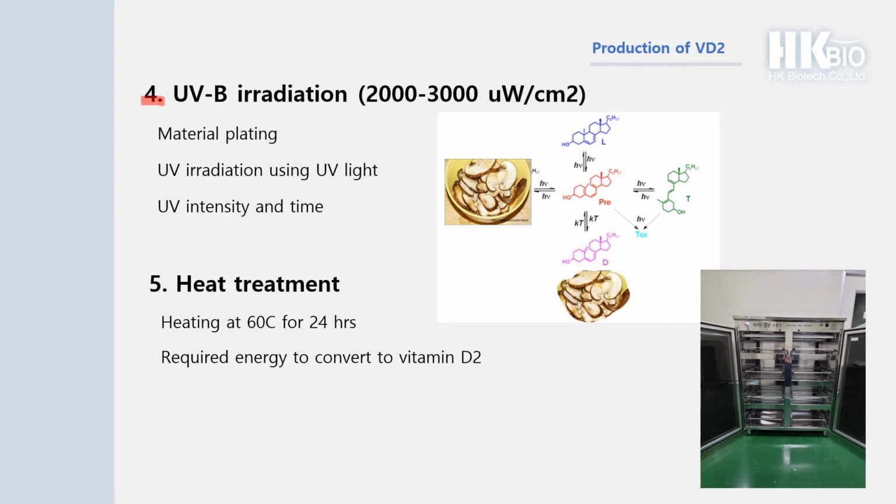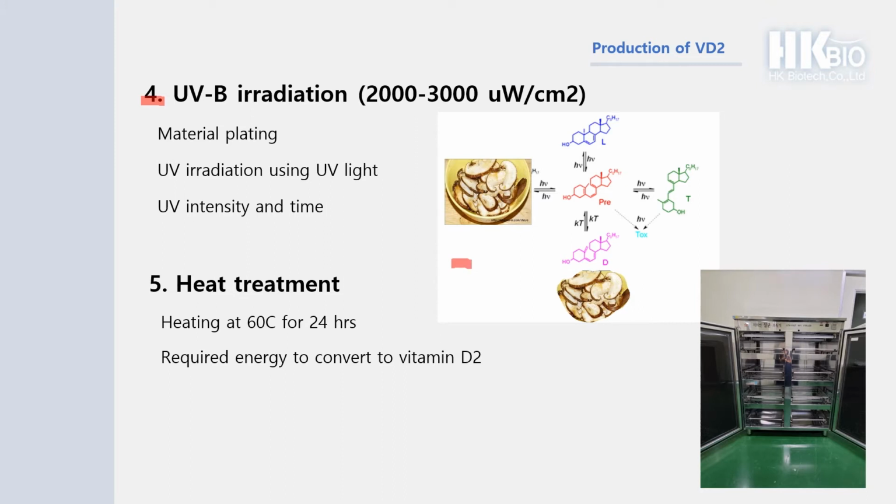The chopped Shiitake mushroom samples were spread on stainless steel plates, followed by UV radiation. Important factors at this stage are UV intensity and UV irradiation time. As shown in this figure, vitamin D production is in equilibrium with other substances produced.